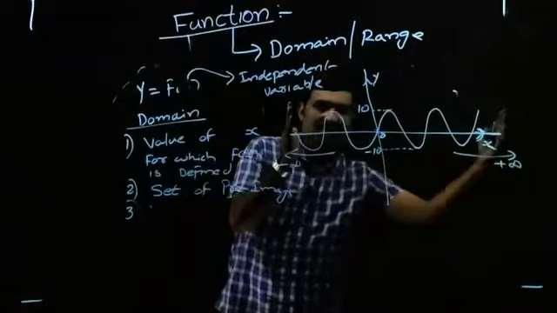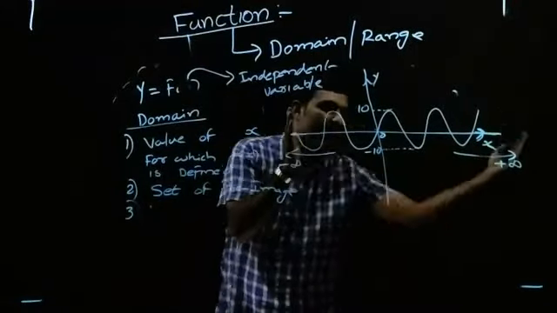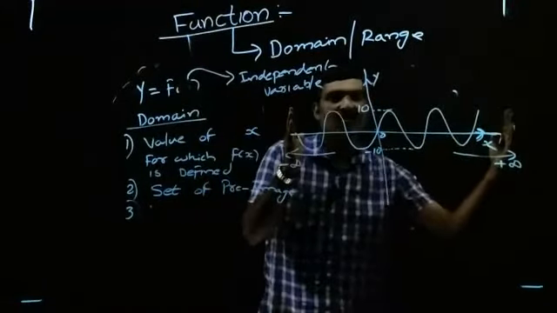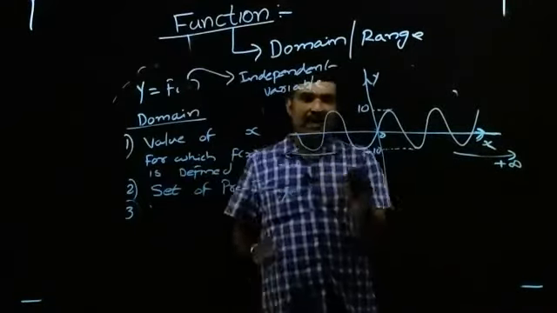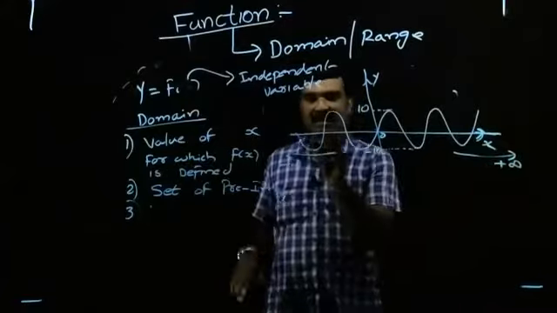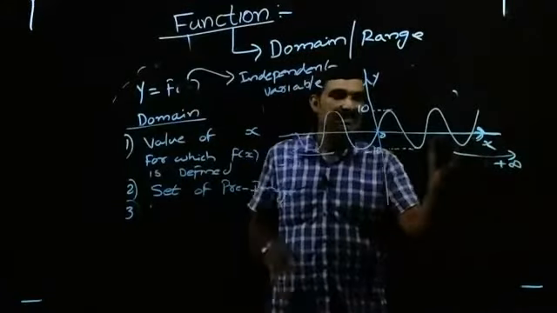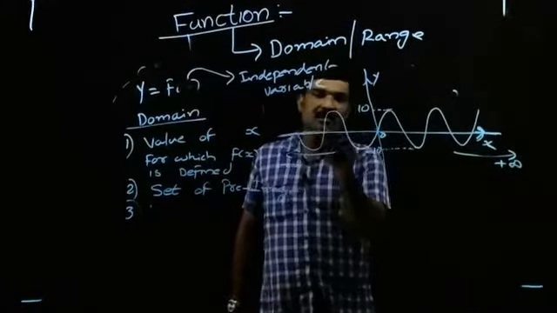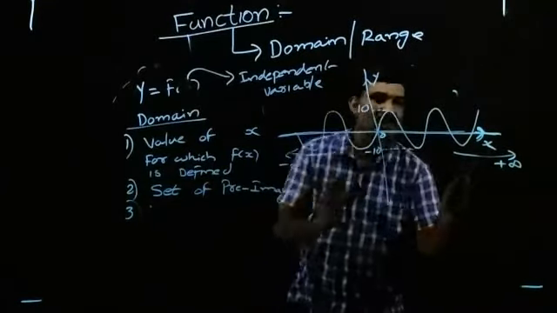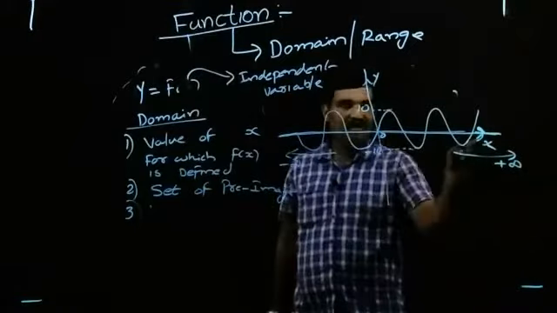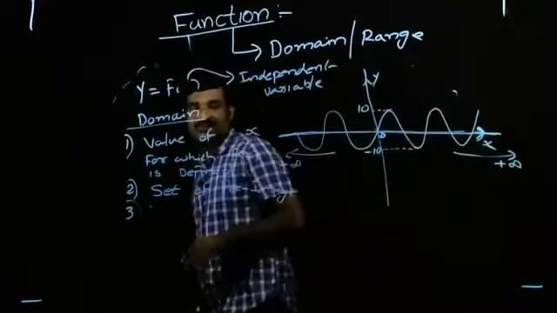So look at this width. That is the range of values of x, or width of x. So we can say a domain is the expansion of the function along the x-axis. This is the x-axis, and the function expands from 0 to infinity. So the value of x varies from 0 to infinity, and also from 0 to minus infinity.